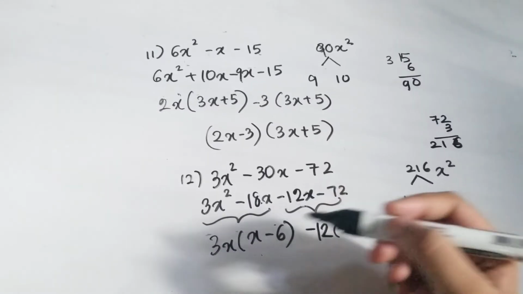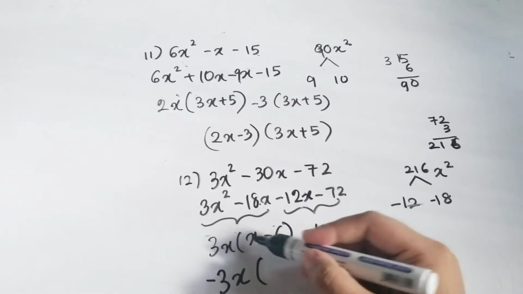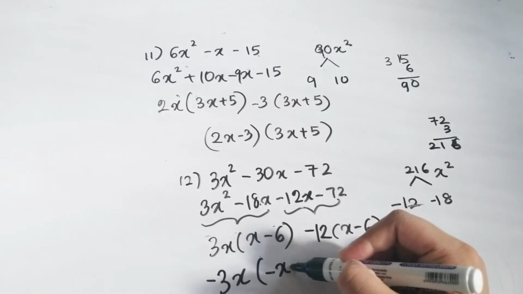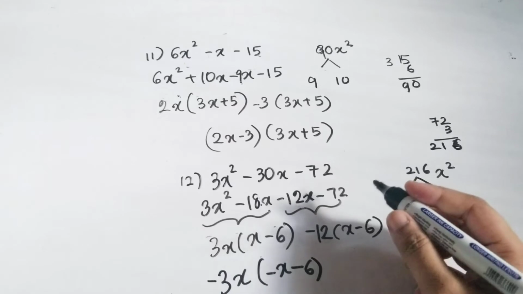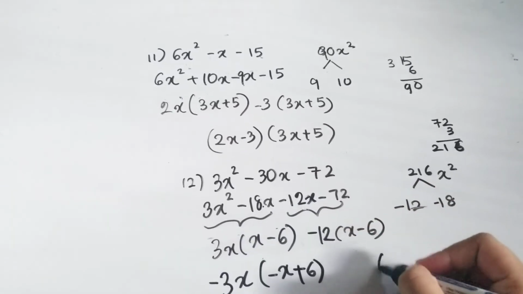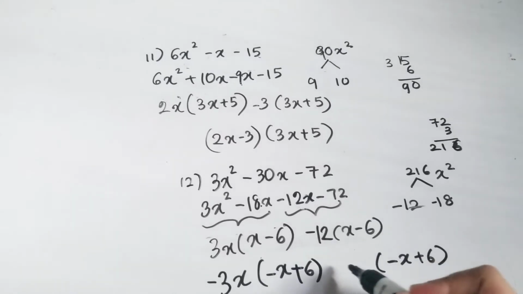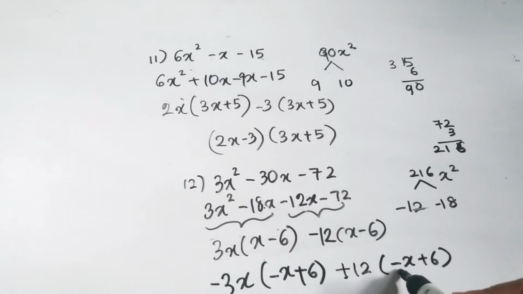Right, then how can we do it? We can change it this way also. Negative 3x into negative x. Then I need negative 18, negative 6. No, and negative plus. So minus x plus 6, if I put here negative 12, then positive 12 plus into minus.